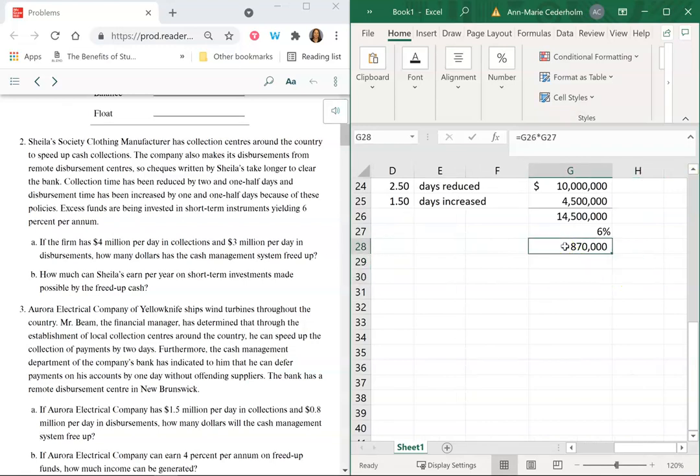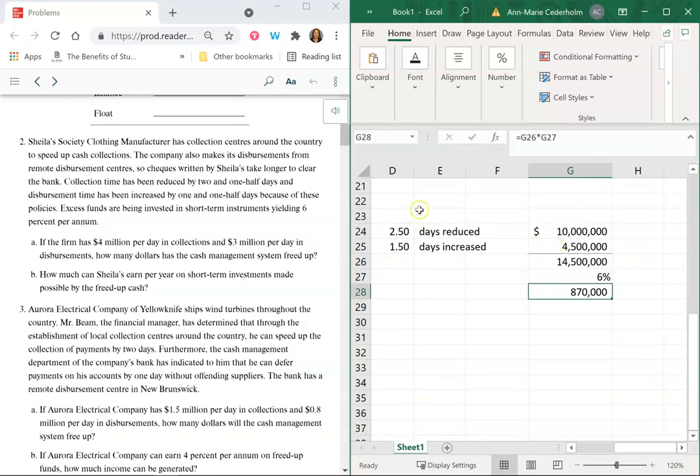So I think it's definitely going to be beneficial if we can aim to reduce the collection cycle and increase the disbursement cycle. That will bring us extra interest of $870,000.